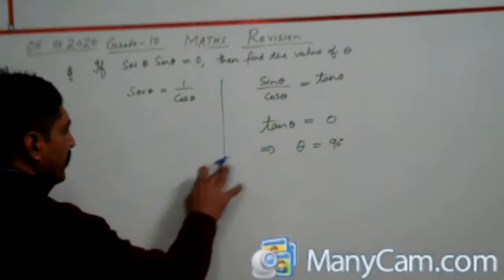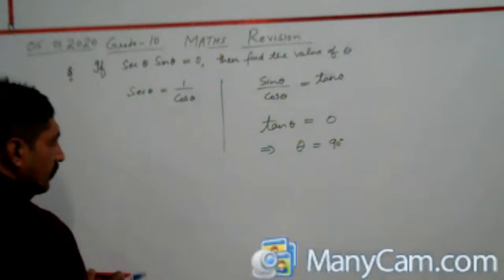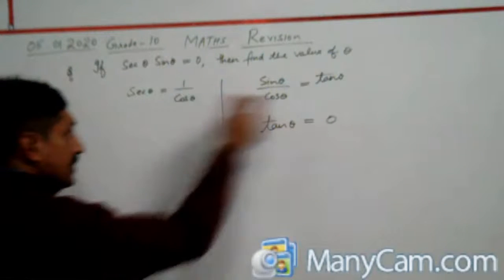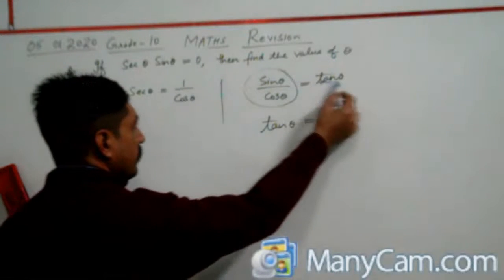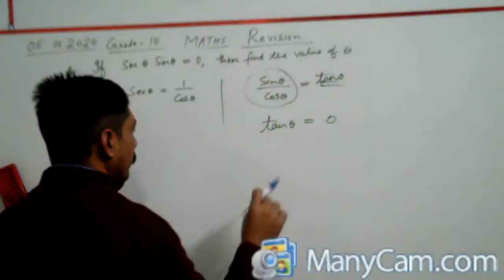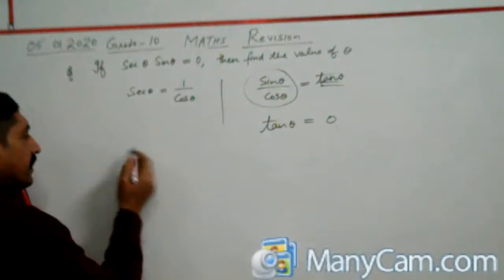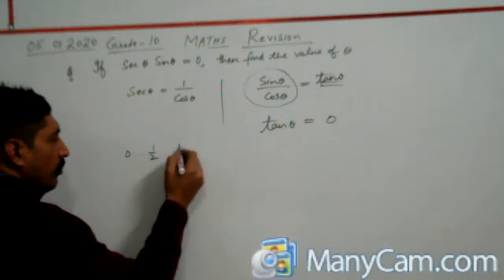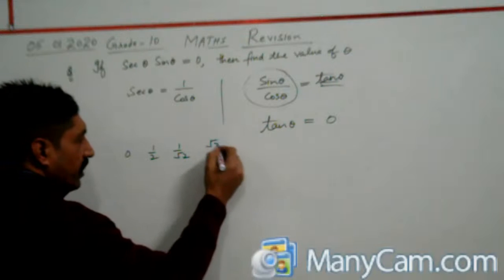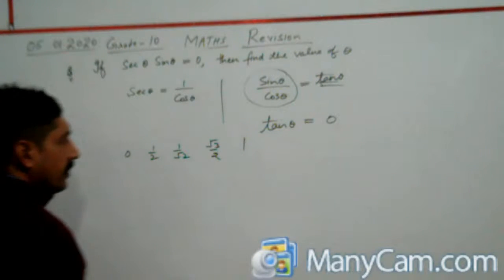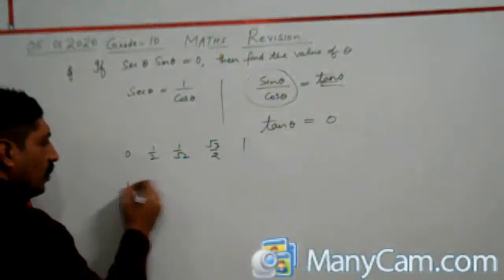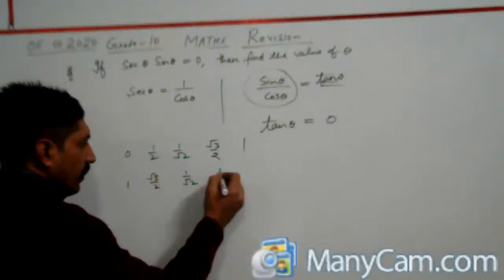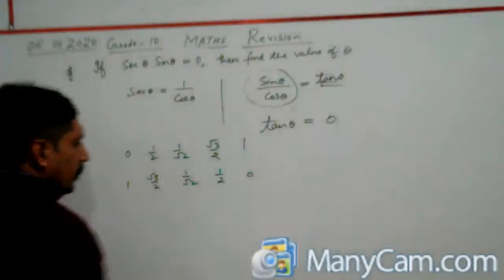So you can check the table here. Sin theta upon cosine theta is equal to tan theta, and we have learned the table. In the table we have the values 0, 1 by 2, 1 by root 2, root 3 by 2, and 1 for sin, and for cos it is 1, root 3 by 2, 1 by root 2, 1 by 2, and 0, right?